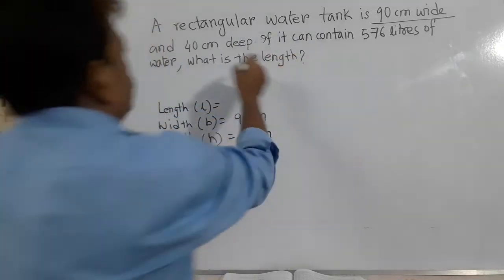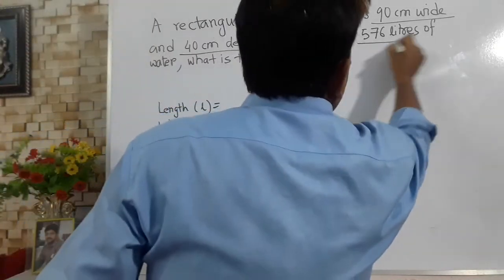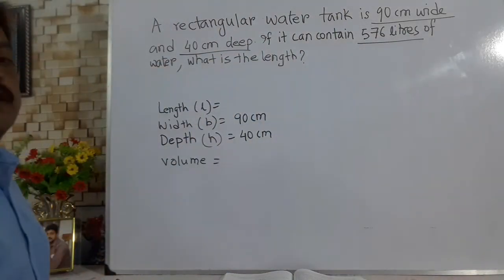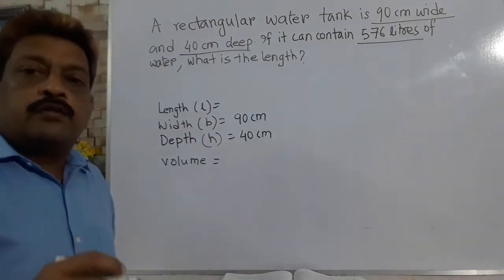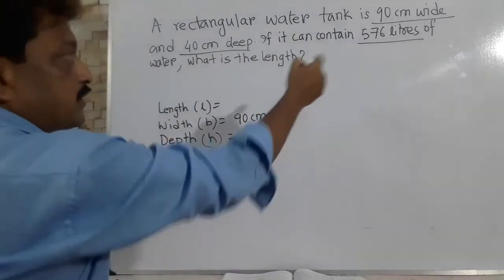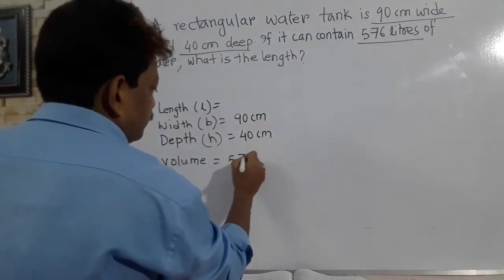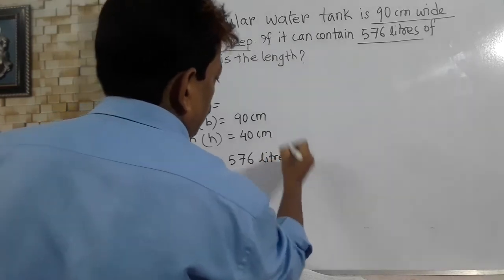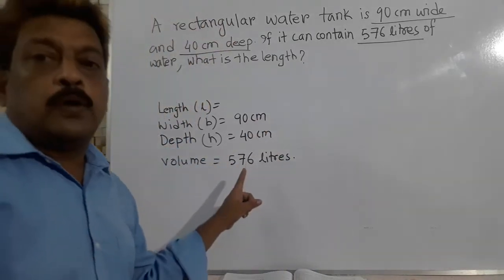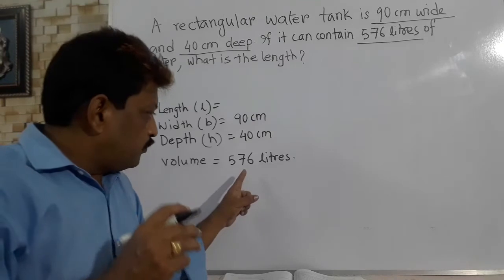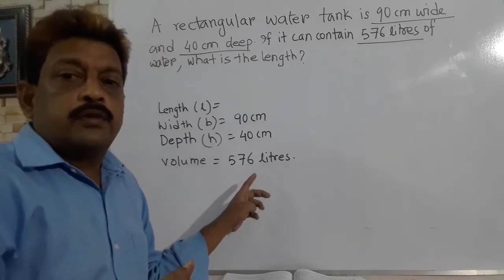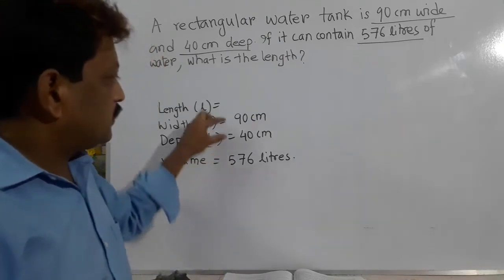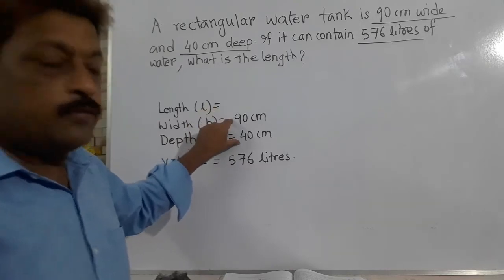Volume of water is given, 576 liter. Liter is the unit of volume. Now we have to convert this volume into centimeter cube, because the other units are given in centimeter.